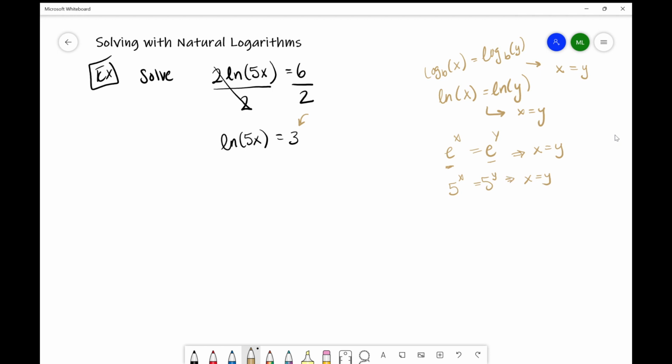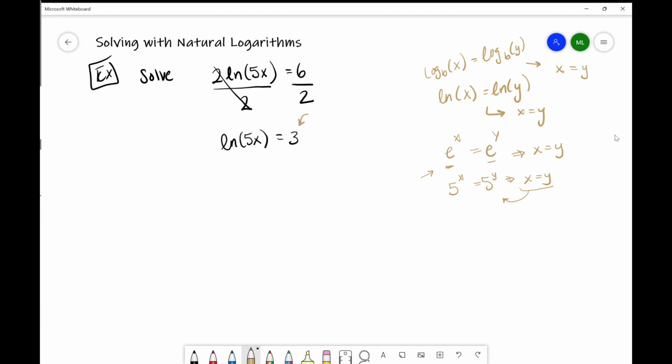You can also do that with base e. And you can also work backwards. If x equals y works, then you can add any base of your own and set them equal to each other. So I'm going to work backwards.